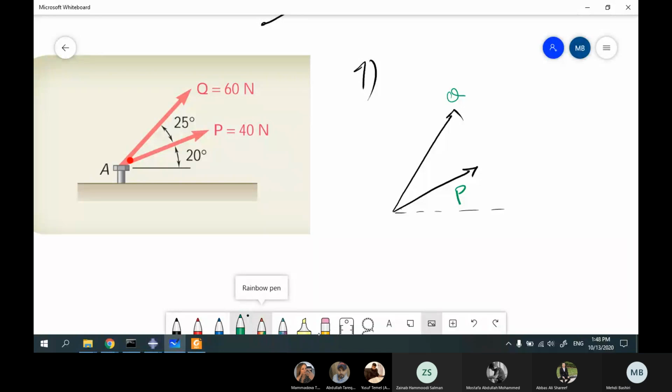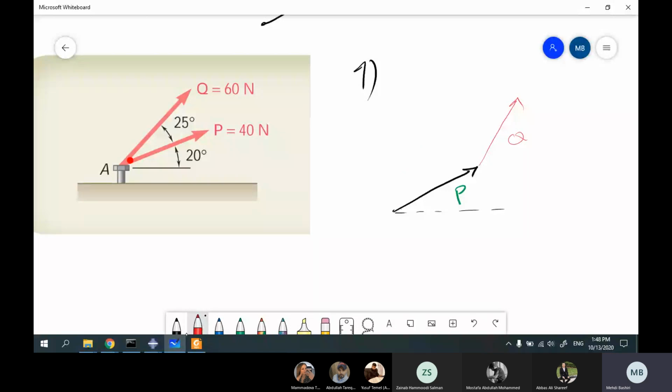So I'm gonna move the force Q to get the proper arrangement, like this. That was the first force, and this is the moved one.